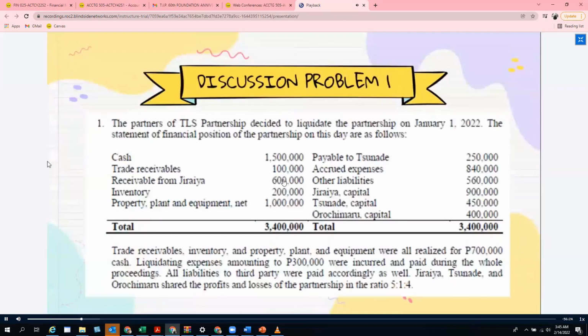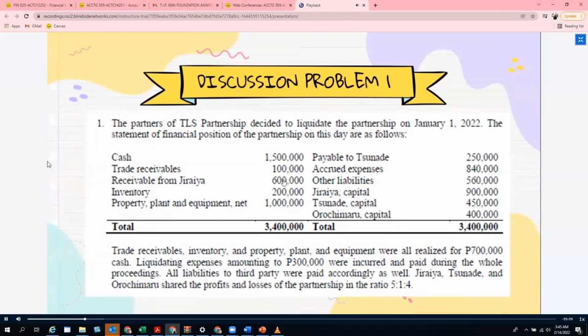Okay? So let me read the problem. Partners of TLS partnership decided to liquidate the partnership on January 1, 2022. The statement of financial position of the partnership on this day are as follows. No? So you have your cash, your trade receivable from Jairaya, you have your inventory, your PPE, payable to Tsunade.